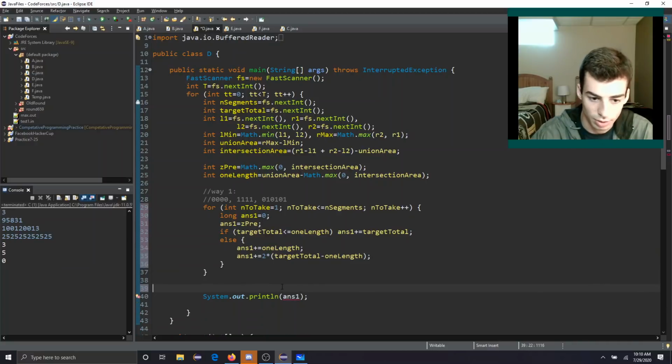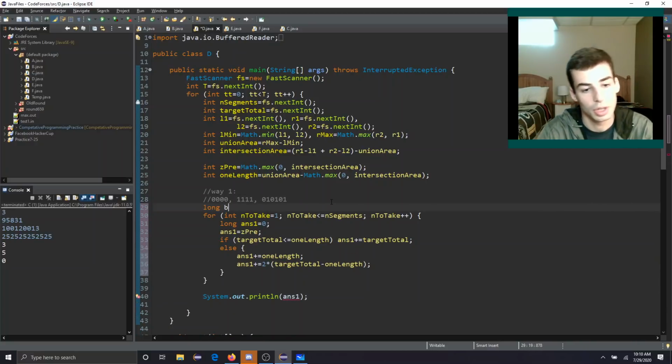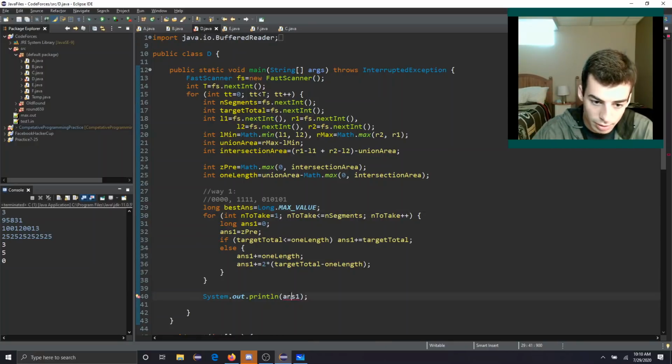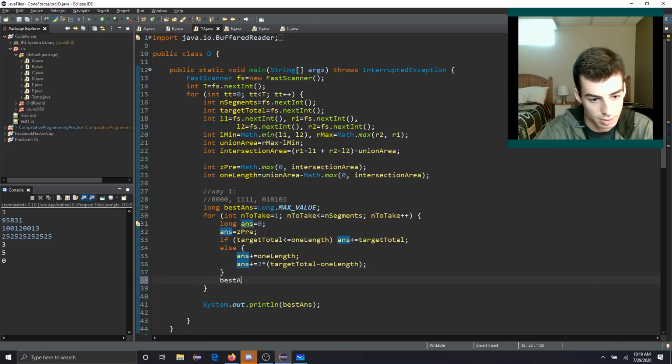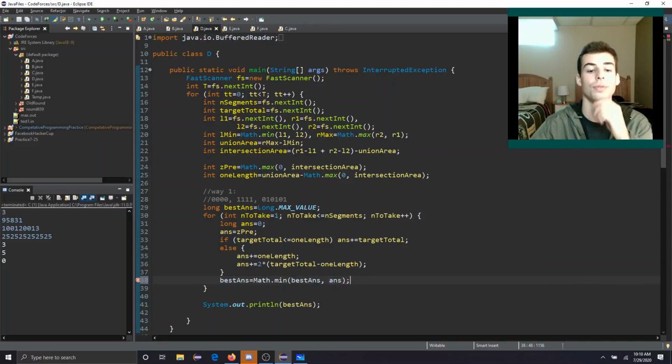And now these ways are really the same thing. Long best ants equals long dot max value. Print the best answer. Just call this ants, and then at the end, best ants equals math dot min best answer and the current answer.